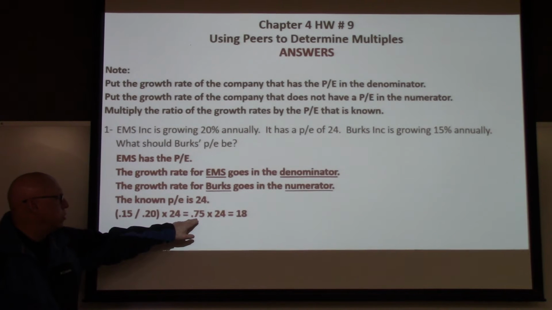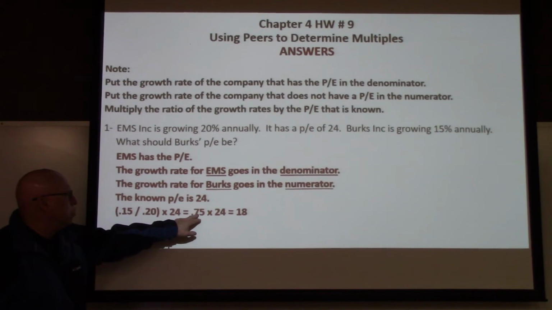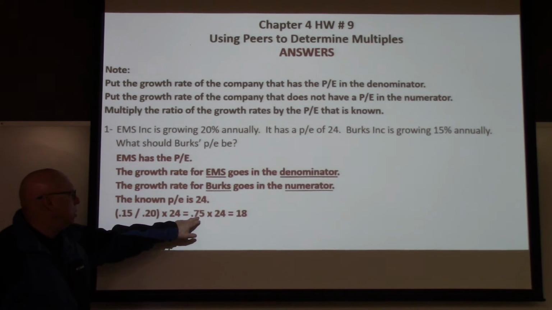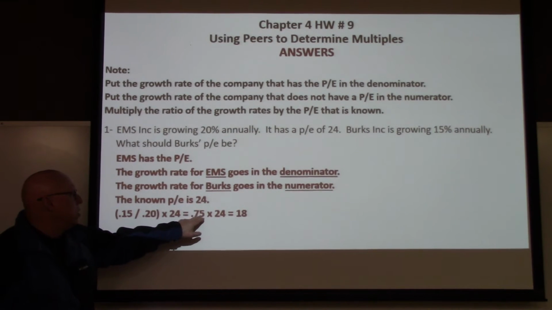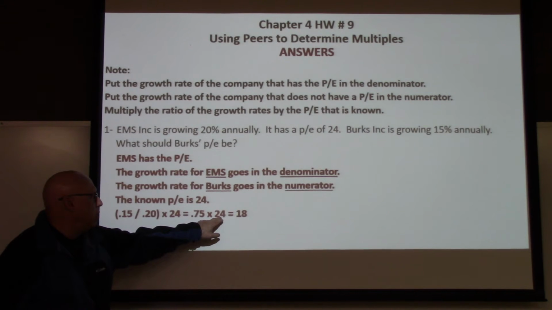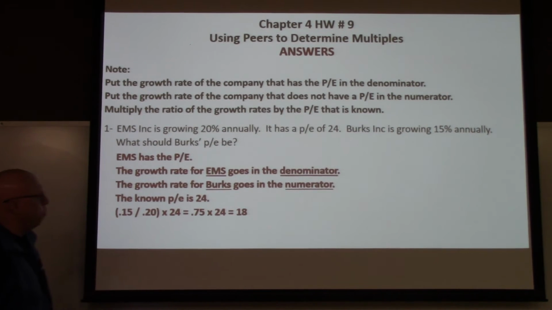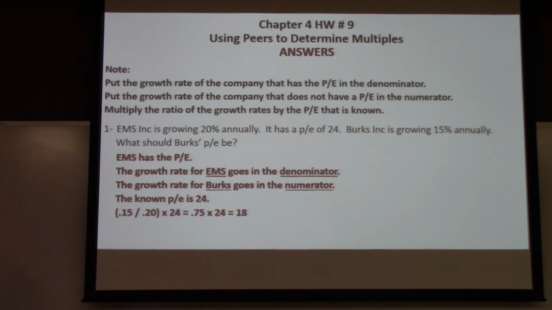So Berks is growing 25% less than EMS, so it's got a ratio of 0.75 times the multiple for EMS, and we get the multiple for Berks, 18. Let's do some more of those.